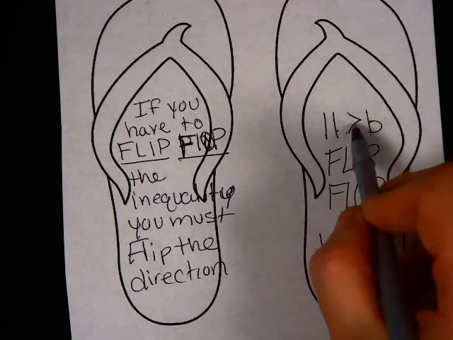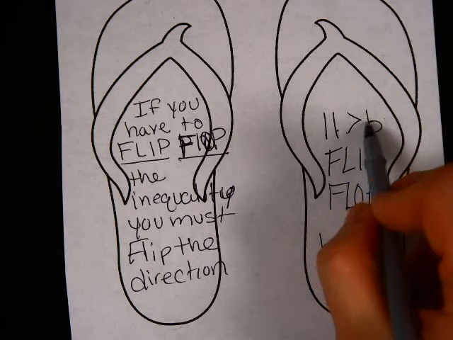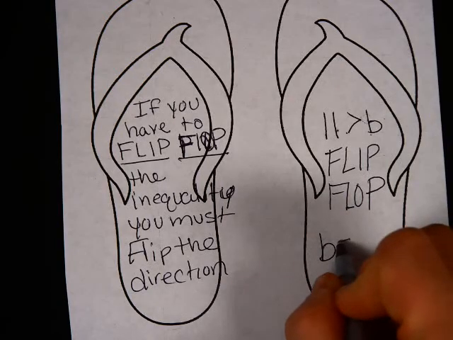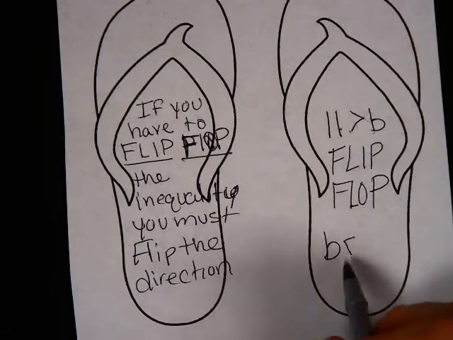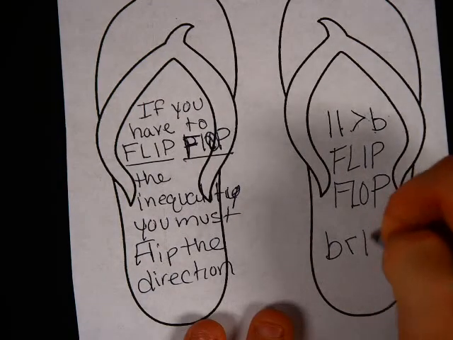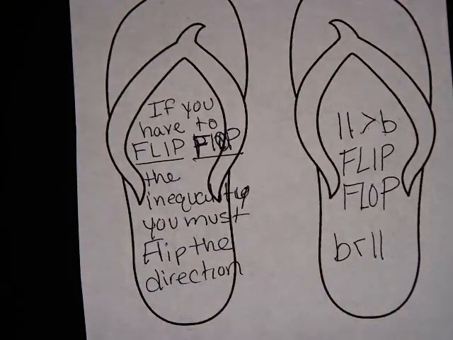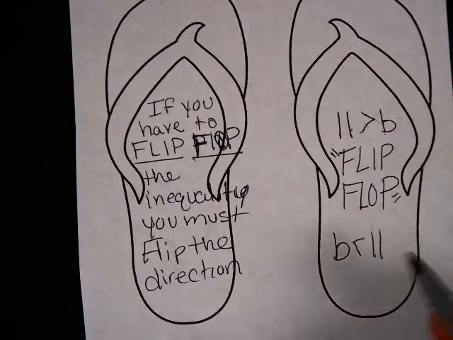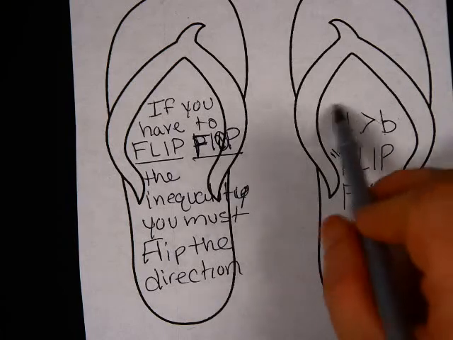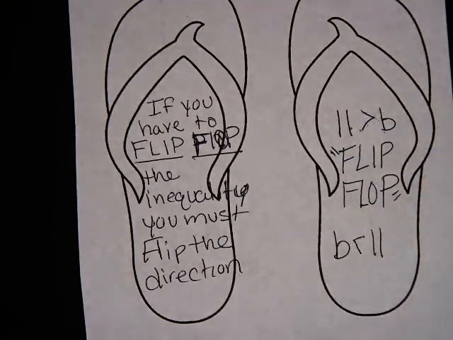And notice how this is kind of pointing to the B. Well, we still want it to flip. So we're going to change it from greater than or equal to, to less than or equal to 11. That's all we're talking about here. So that's what the flip-flop is: instead of having the number first, we want the variable first.